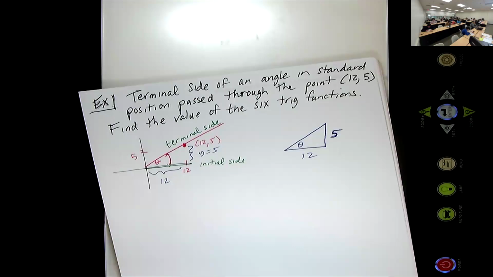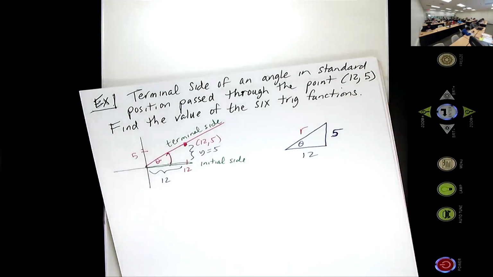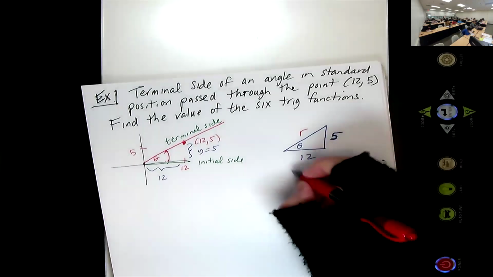To find these 6 trig values, we need the other side though. We need r. This is actually a well-known triangle in architecture and engineering.